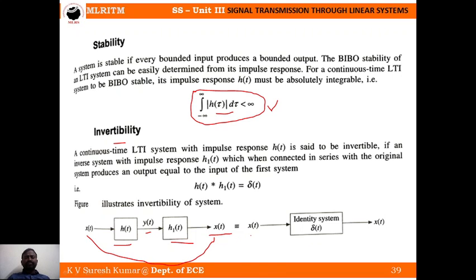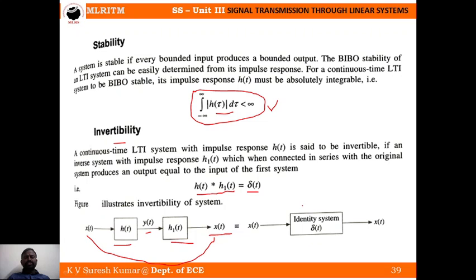If you are not getting this x of t back, then it is a non-invertible system. So the impulse response h of t convolved with another impulse response h1 of t, if you are able to get delta of t, then such systems are invertible systems.